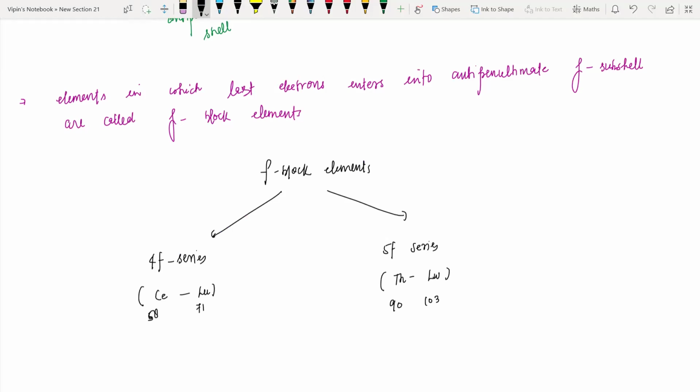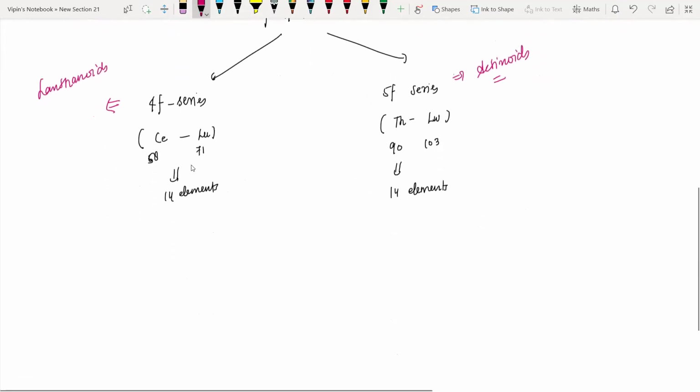Fine. So there are 14 elements in the 4f series and also 14 elements in the 5f series. These 4f series elements are called lanthanoids and the 5f series are called actinoids, right?